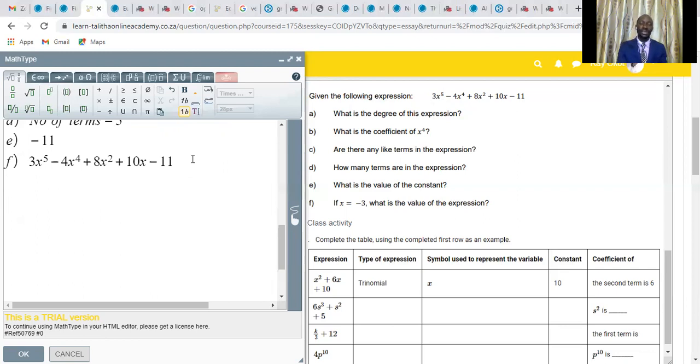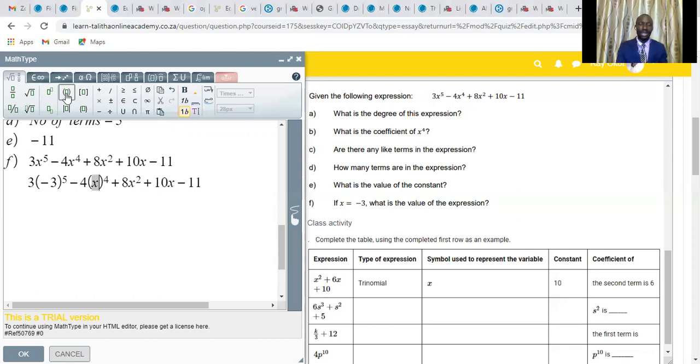Where there is x, it's not 5, it's negative 3. So right here we can put negative 3 inside. Sometimes it helps to use a box, or rather a bracket.